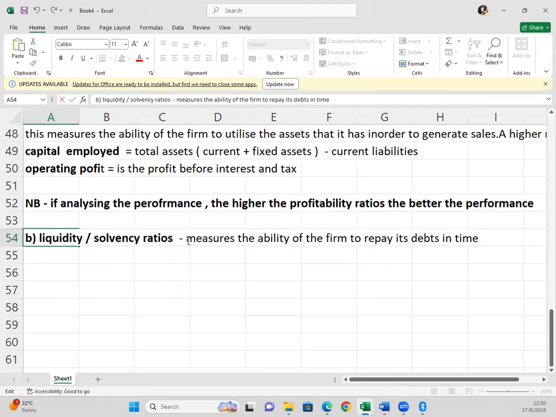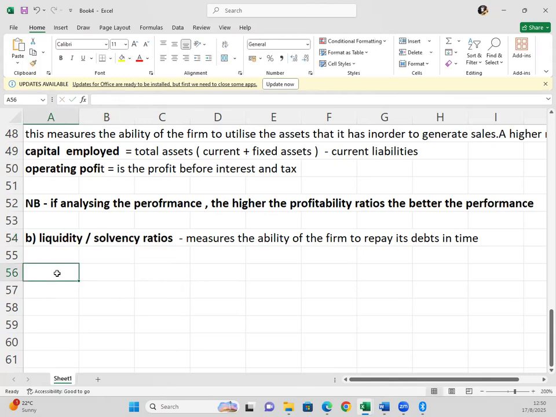Are we in a position to repay those we are owing? Let's move on. So the solvency ratios.